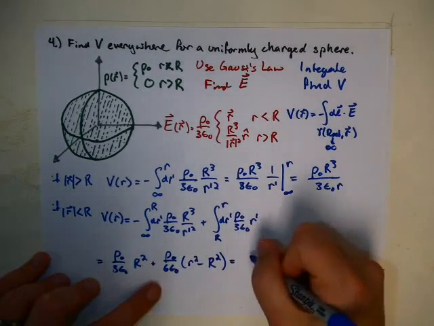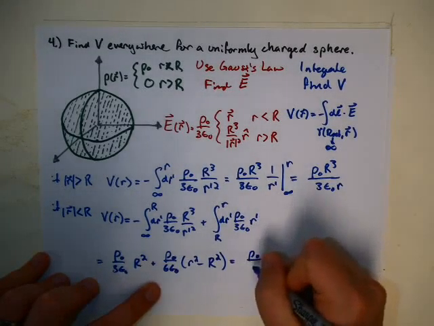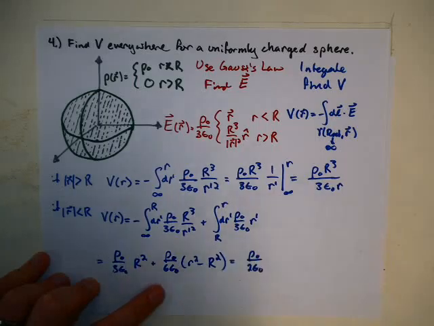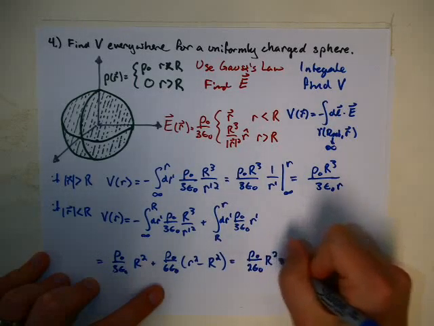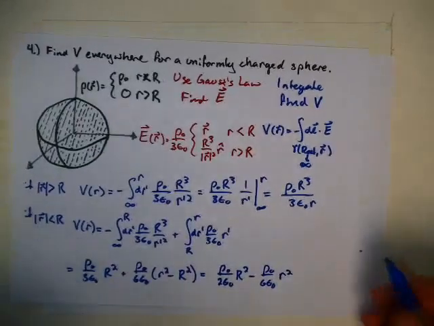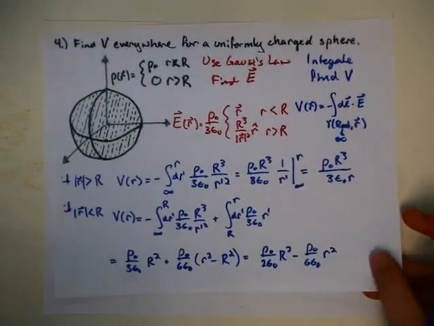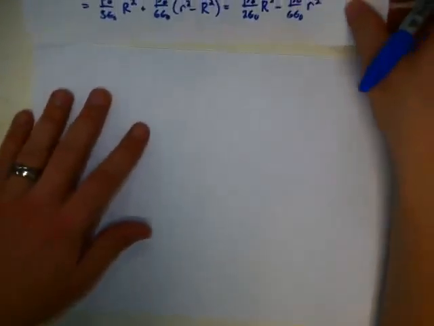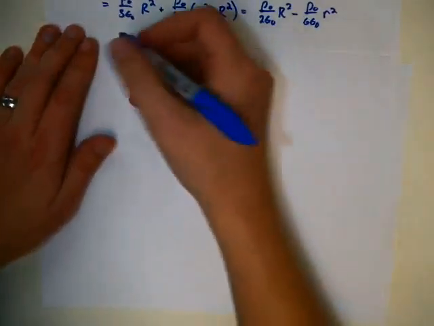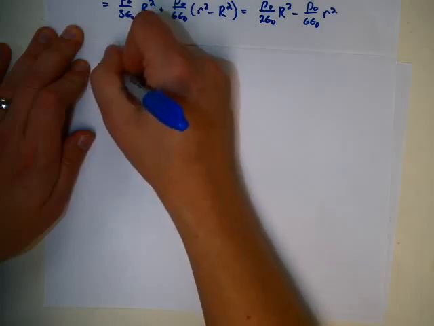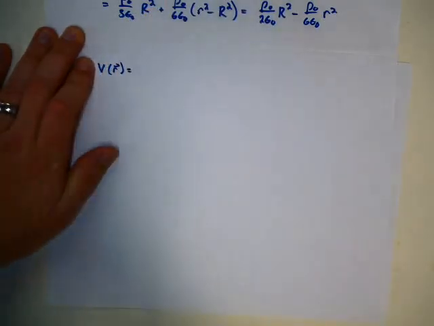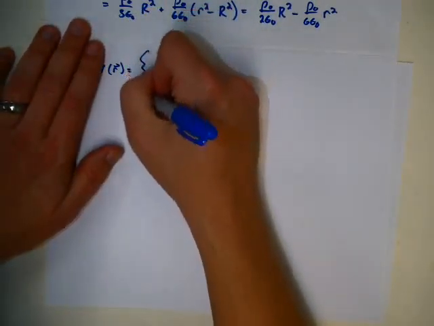Combining these together, we're going to get rho naught over 2 epsilon naught R squared minus rho naught over 6 epsilon naught little r squared. And so that's in that case. Writing them both together is going to give us the solution that V, now everywhere, is combined from these two things.